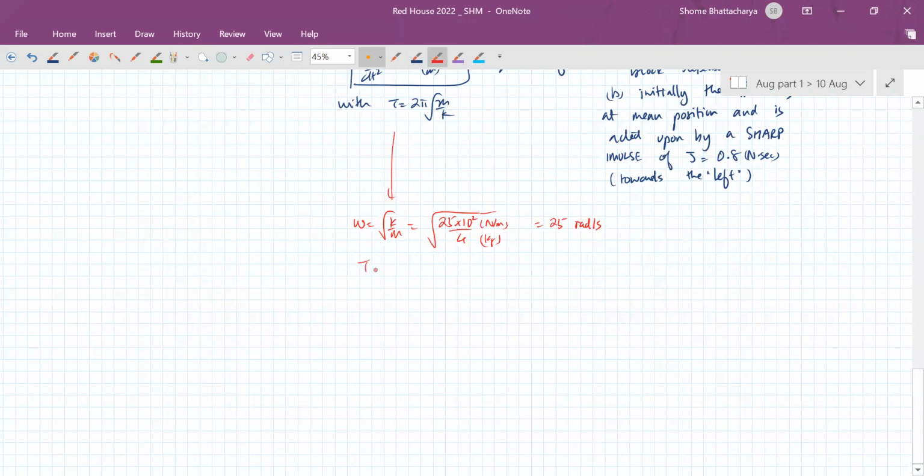So time period is 2 pi by 25 seconds, something like 0.25 seconds.